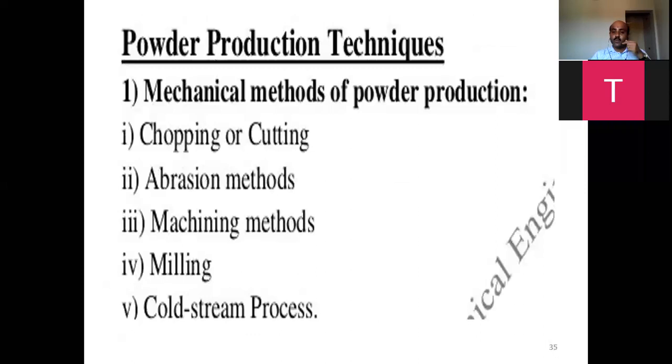For mechanical methods of powder production, we have chopping or cutting, abrasion methods, machining methods, milling, and cold stream. So these are a few mechanical methods in which you can produce the powders. First, we'll discuss some of these methods.